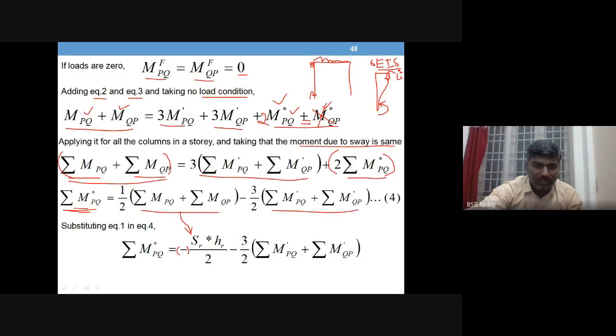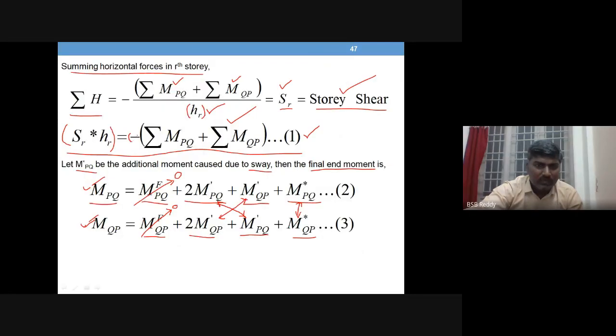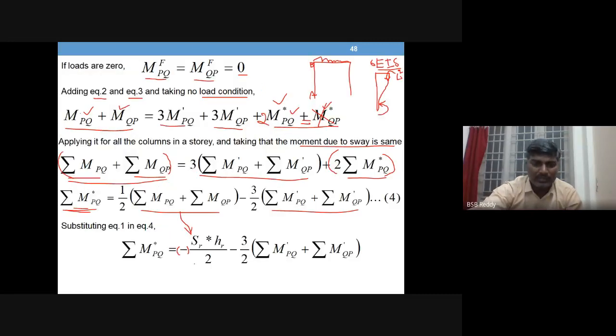You see we have this expression sigma MPQ plus sigma MQP, so that this negative sign goes to the other side. So minus SRHR is equal to this sigma MPQ plus sigma MQP. Hence this is negative. Okay. So this is the expression for the total sway moment in that particular story. Okay. Now what?